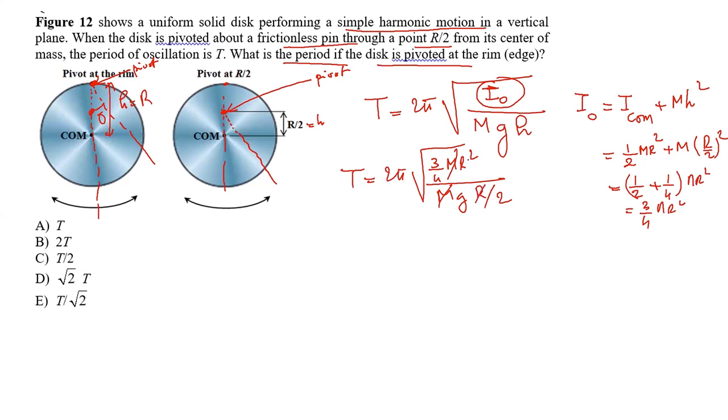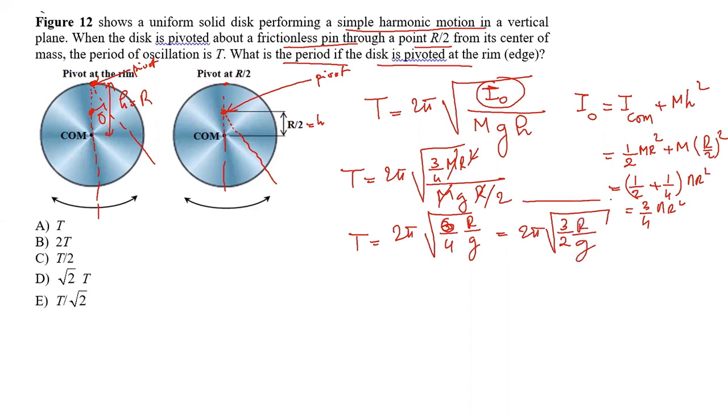I will simplify and find T is 2 pi square root of 3 divided by 4 r divided by g, but I have a 2 here, so this 2 will go here, and I'll have 6 divided by 4, which is basically 2 pi square root of 3 divided by 2 r divided by g. And this is my period.